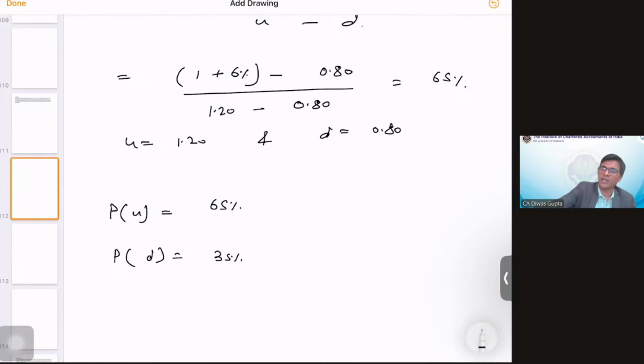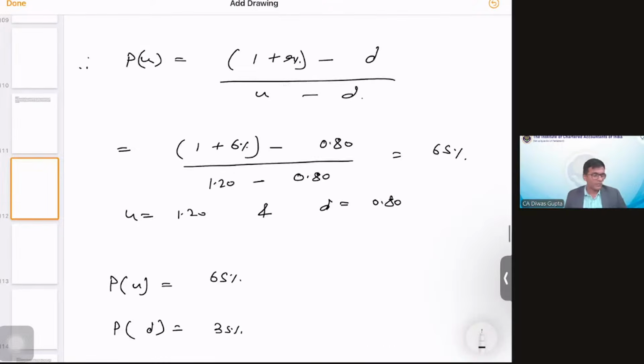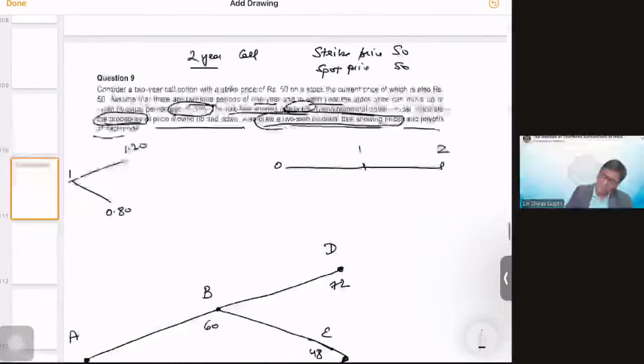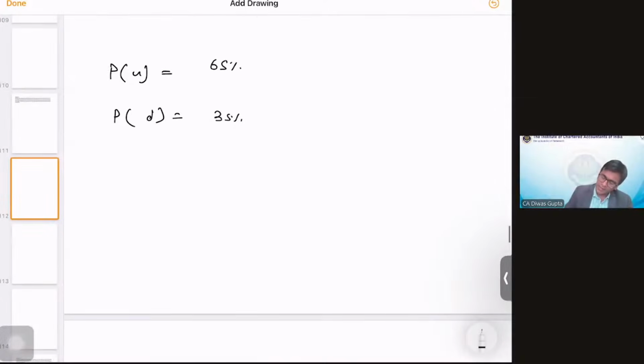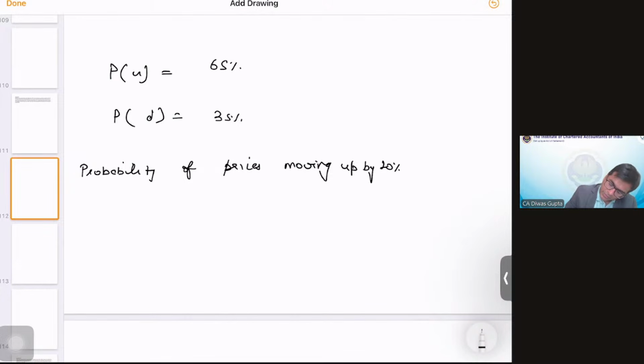Yes. Very good, Saminathan, your answer is correct. So this is the probability. Okay, let's write it. Probability of prices moving up by 20% is 65%.